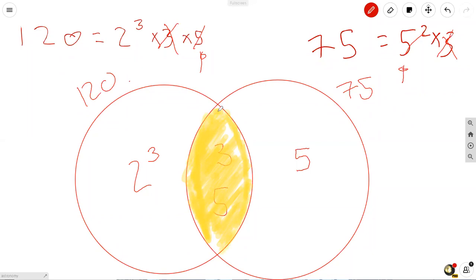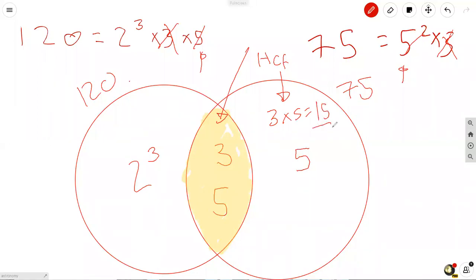So that section over there is known as our highest common factor. It's not vomit. Which is 3 times 5, which is what? 15. So our greatest common factor, or highest common factor, is 15.